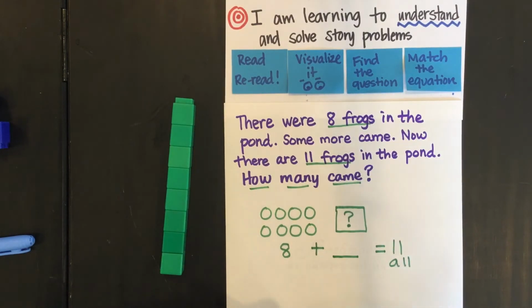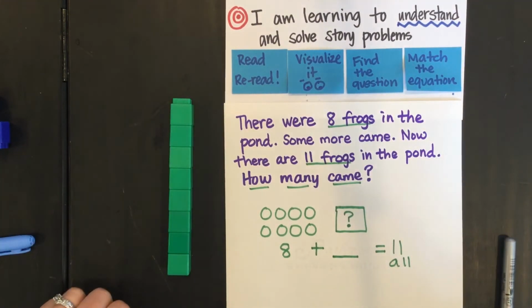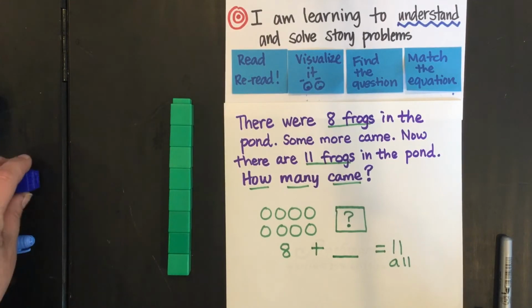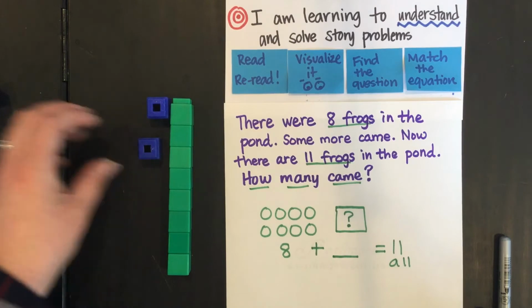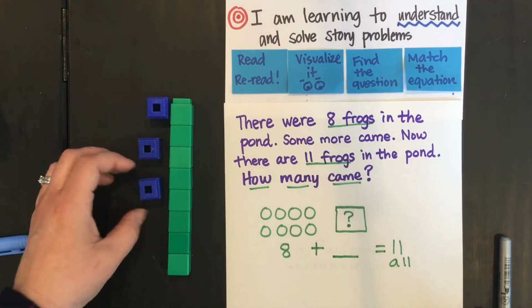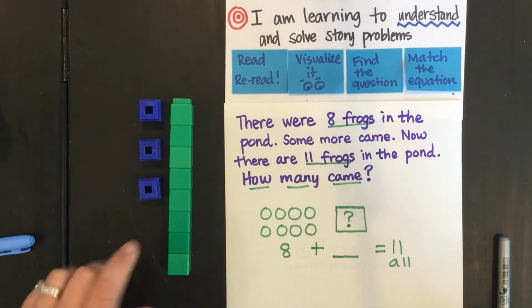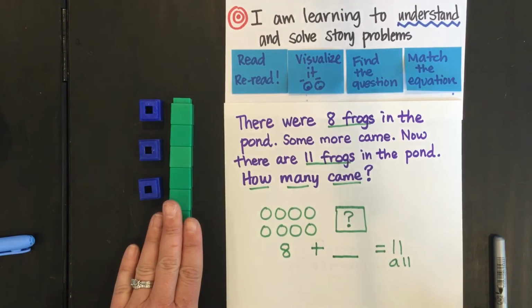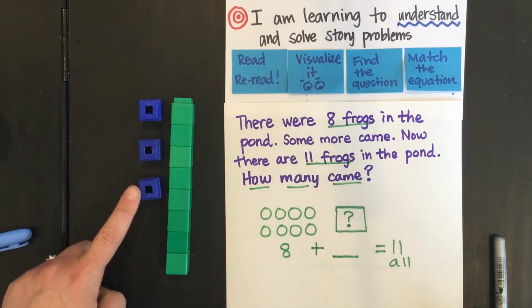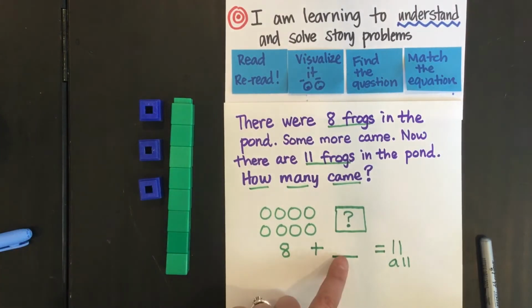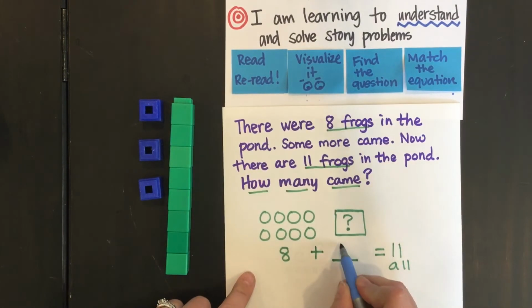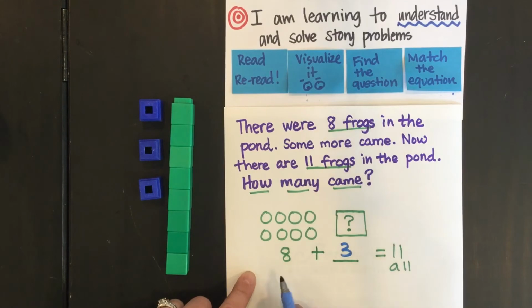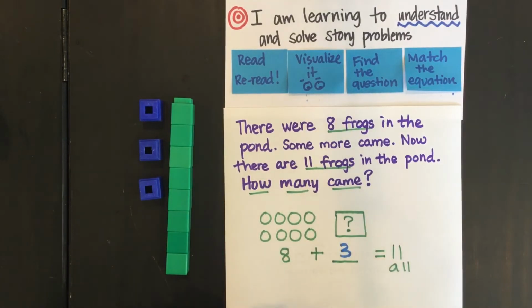And I'm going to use cubes, so here's my 8. And I'm going to keep adding another frog, 9, 10, 11. So now I can see, if 8 were there and I added another frog each time, I would see that there are a total of 3 frogs that came to the pond.